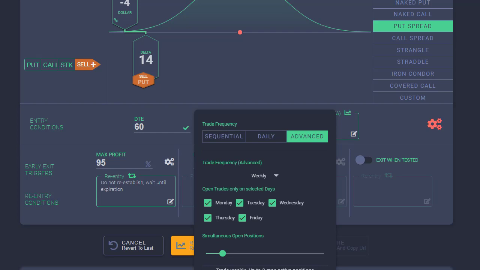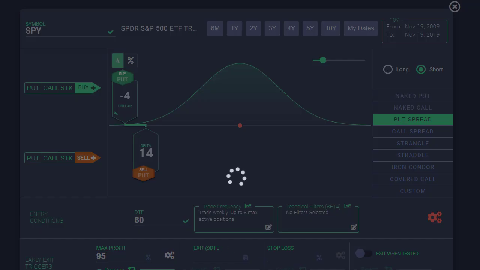That means if you have 8 open positions at a time, and each position in this case requires $400 in capital, you're going to need $3,000, $4,000 in capital to be able to trade that. And again, that should not be your whole account. That is how much money needs to be allocated for this amount of frequency for this trade. So let's run that and see what that looks like.